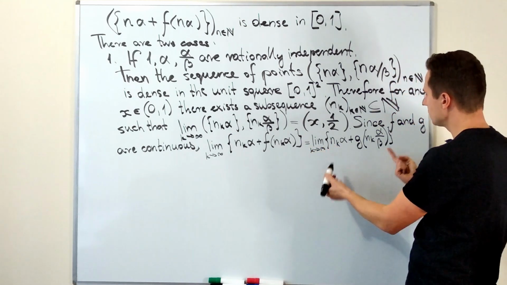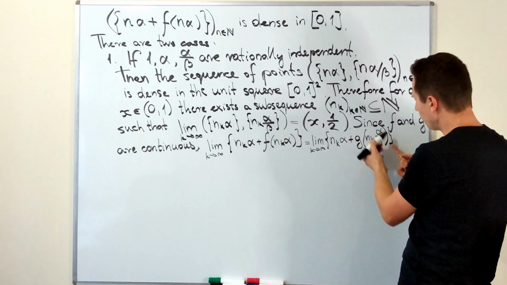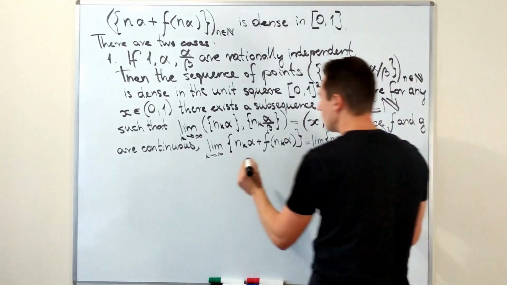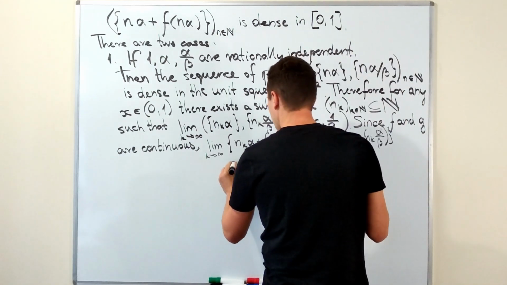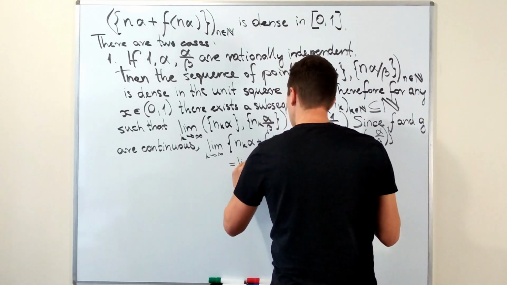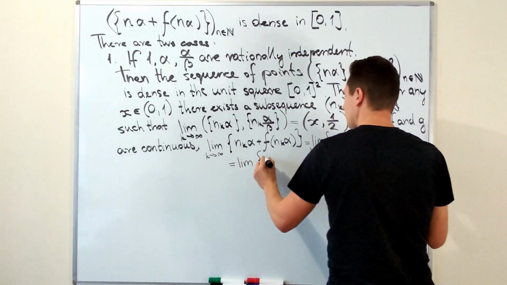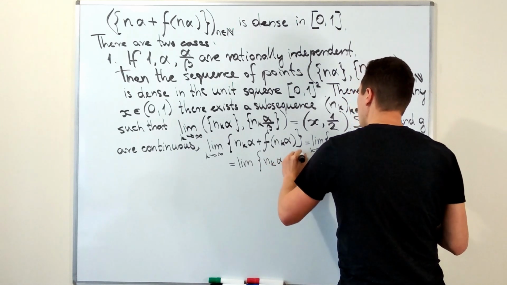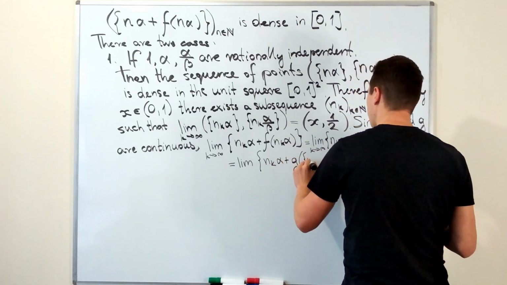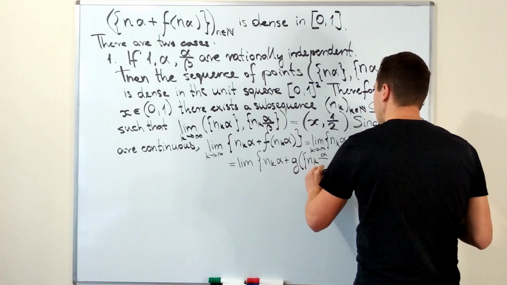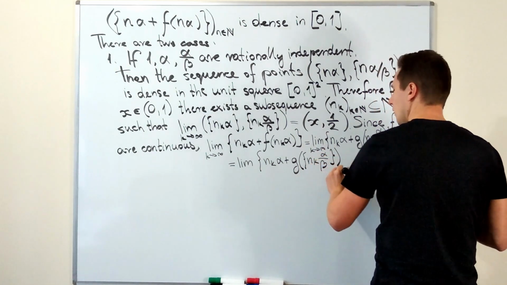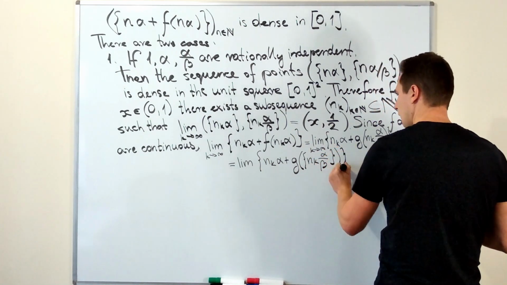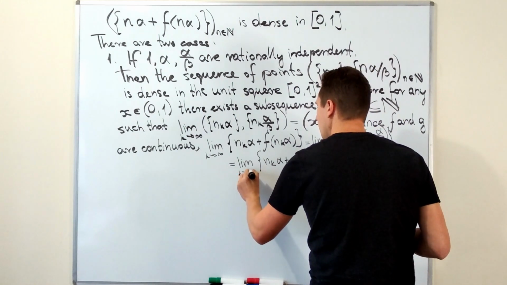But of course, because g was one periodic, this could be written as the limit of the fractional part of n_k times alpha plus g of the fractional part of n_k times alpha over beta, as k goes to infinity.